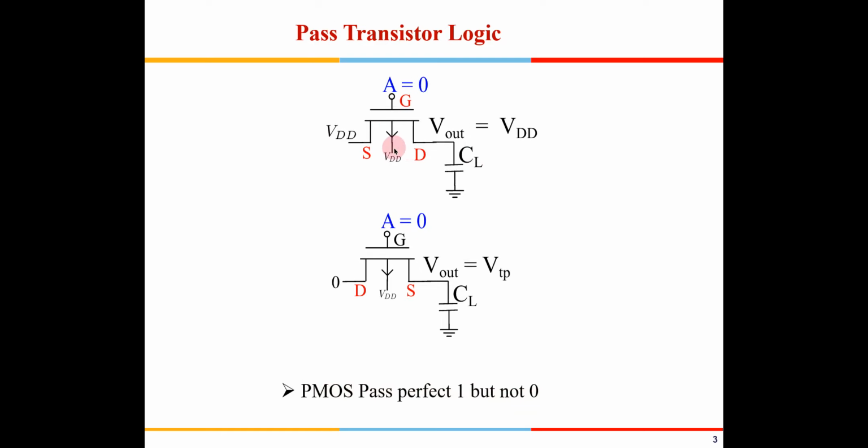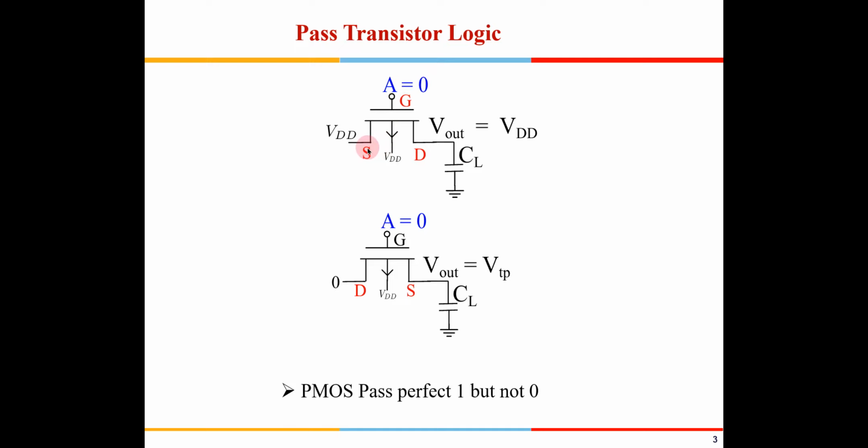And the same is the case for PMOS. It's just the opposite, where PMOS can pass a perfect 1 but not 0. So if you have a PMOS here, to switch it on we need to apply 0 and not VDD. When we apply a VDD here, this will become the source, because the positive charges are going to flow like this, because this is PMOS and the dominant charges in a PMOS are holes.